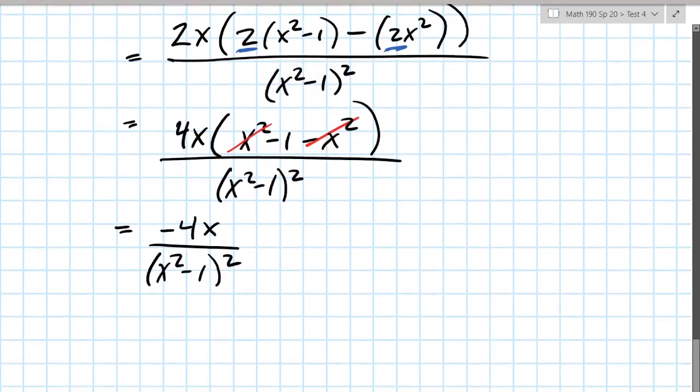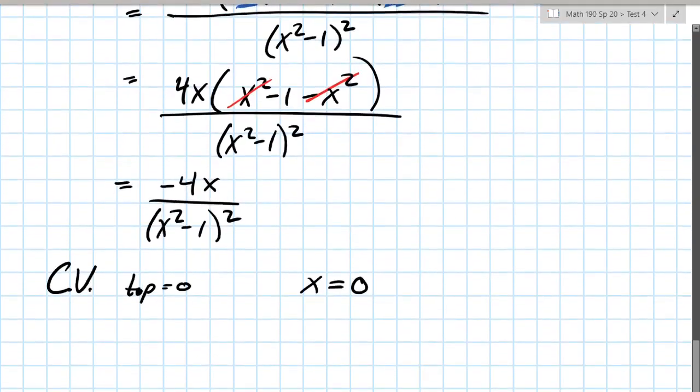All right, all that to get our critical values. If the top equals 0, that means x is equal to 0.